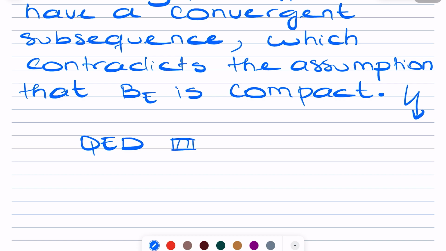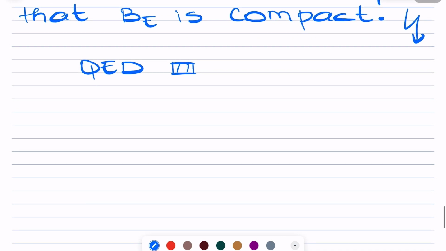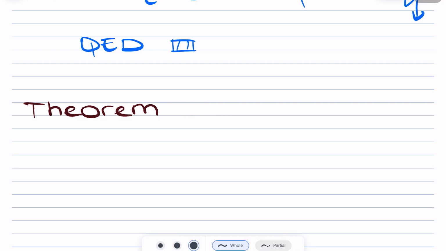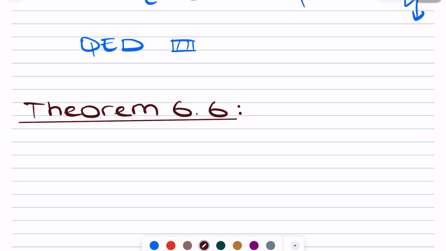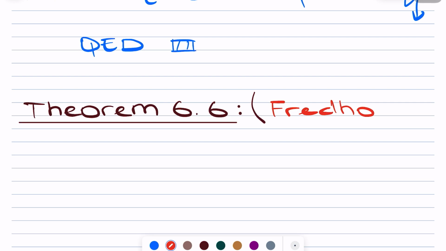Okay, so our next theorem, before we wrap up, will be Theorem 6.16. Our next theorem will be the Fredholm alternative.